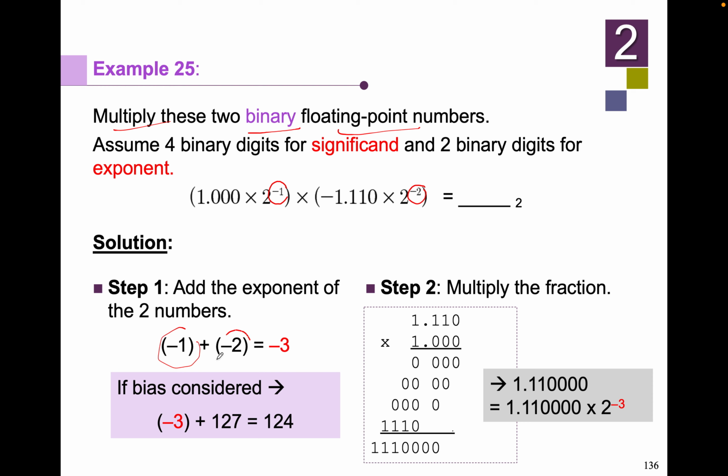Negative 1 added with negative 2, you're going to get negative 3. If the bias is considered, you add 127. And step number 2, you just directly multiply it. Then you will get your answer 1 2 3 4 5 6.